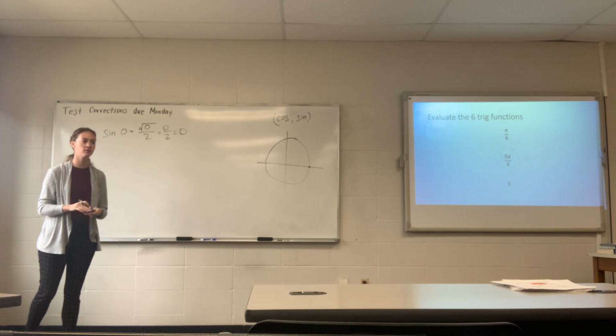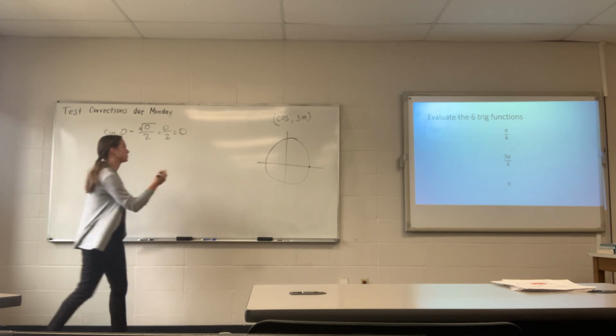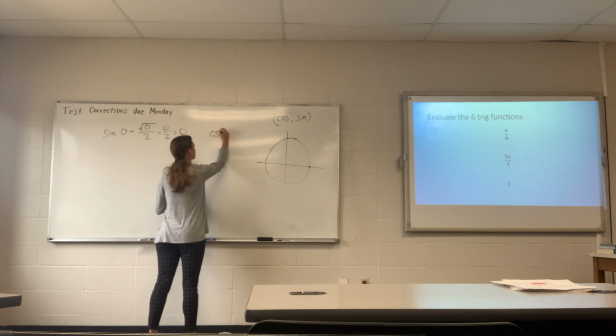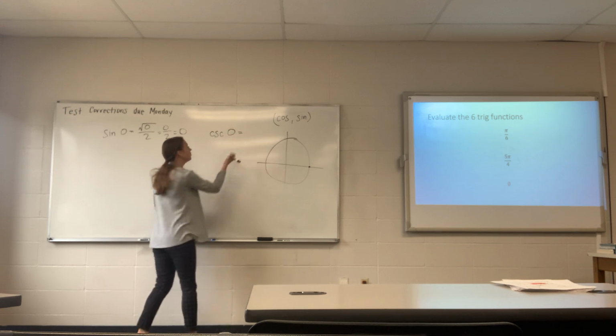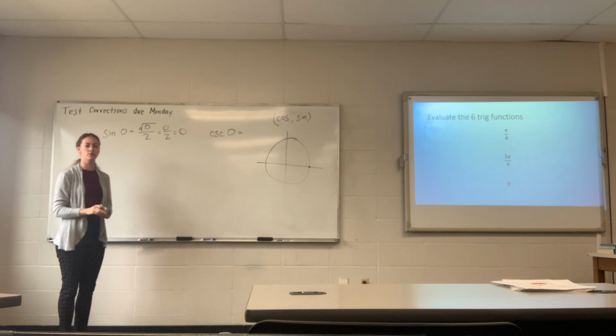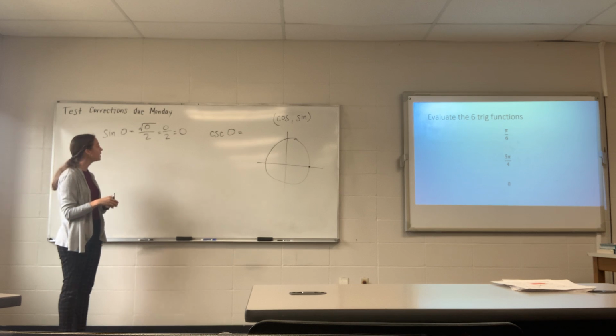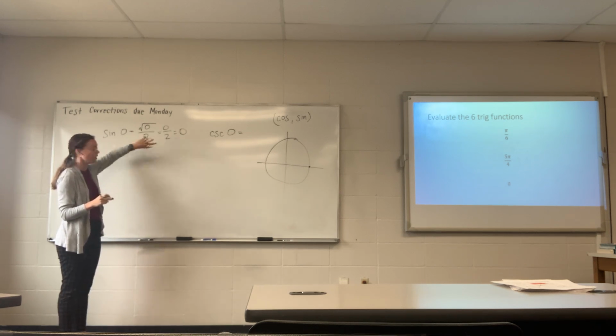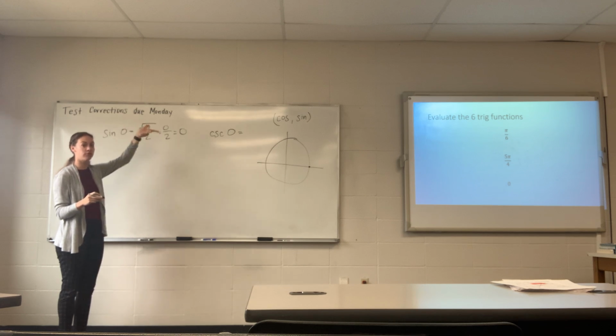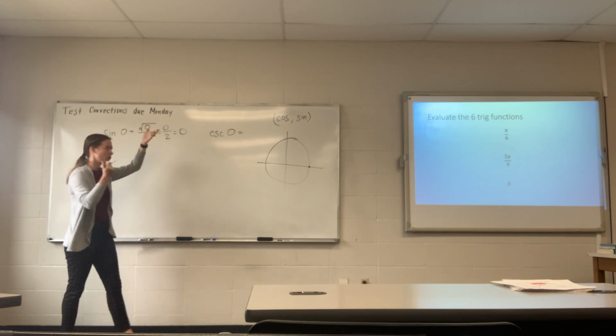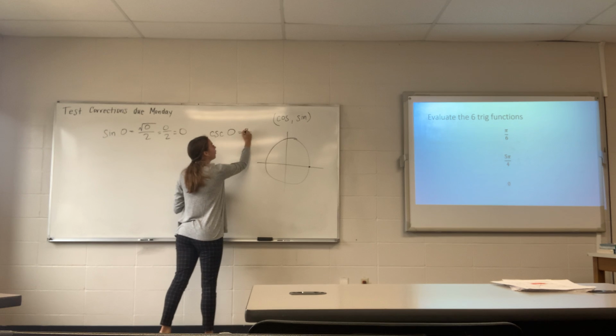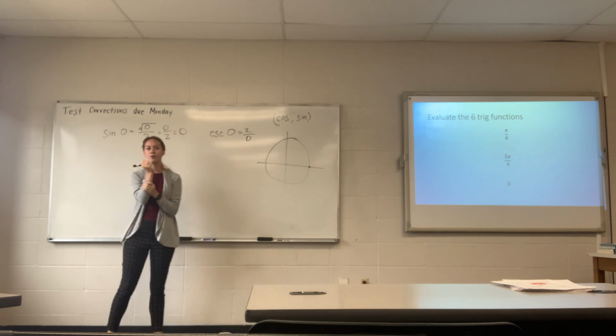What should I do next? Cosecant. So let's do our cosecant. What do you guys think my cosecant at 0 is going to be? 0. Okay, so let's think about this real quick. If we had 0 divided by 2 and I were to flip this, we'd have 2 over 0, but you can't do that.